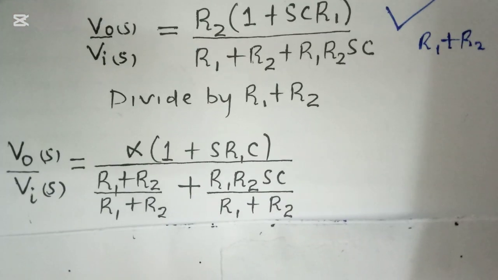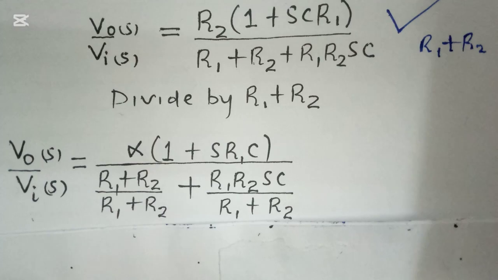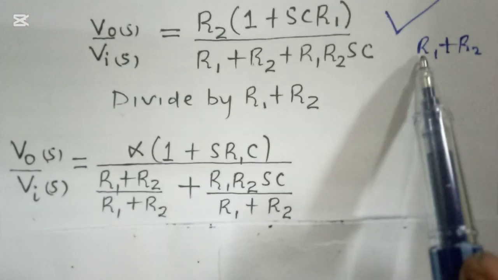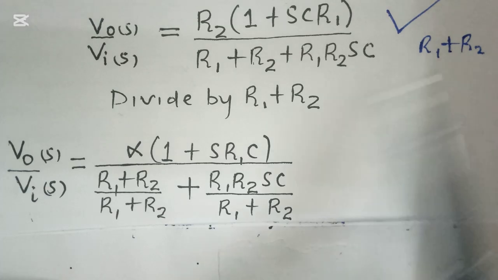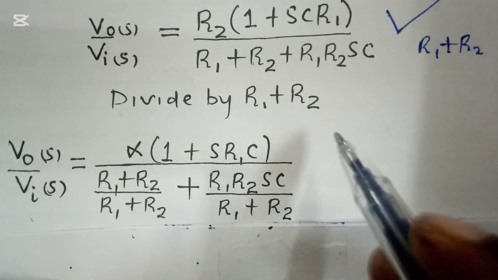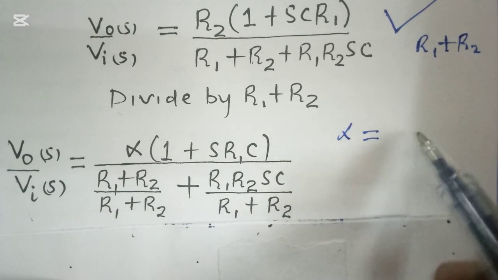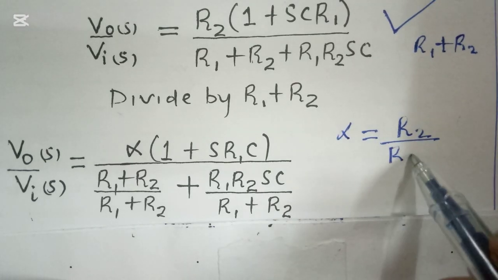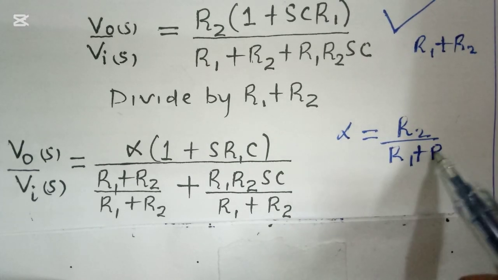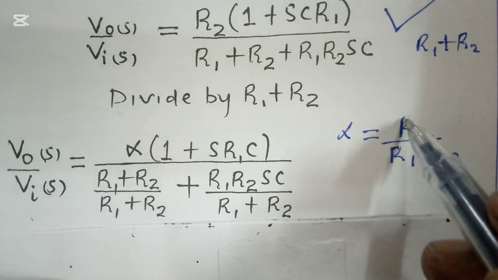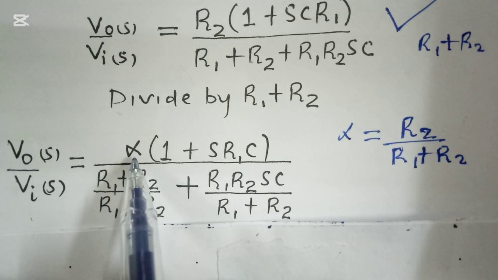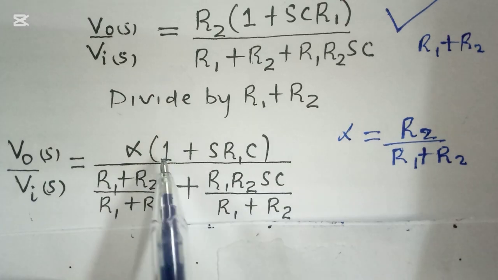When we divide these two equations by R1 plus R2, we are able to find something like this. We have divided this R2 by R1 plus R2, and we are able to find the alpha, because you know that alpha equals R2 over R1 plus R2. So when we divide, we find that, and then we are left with that.